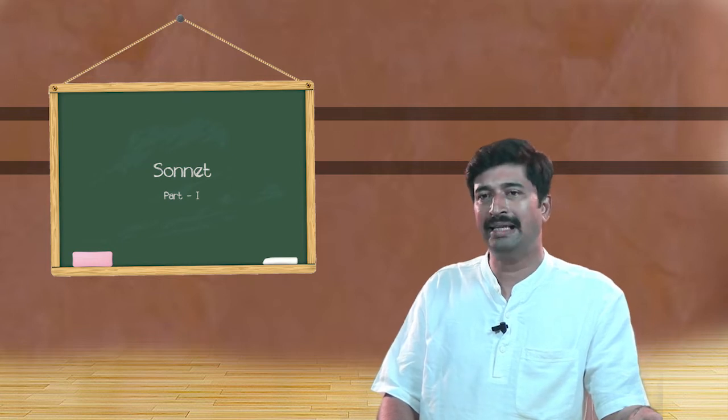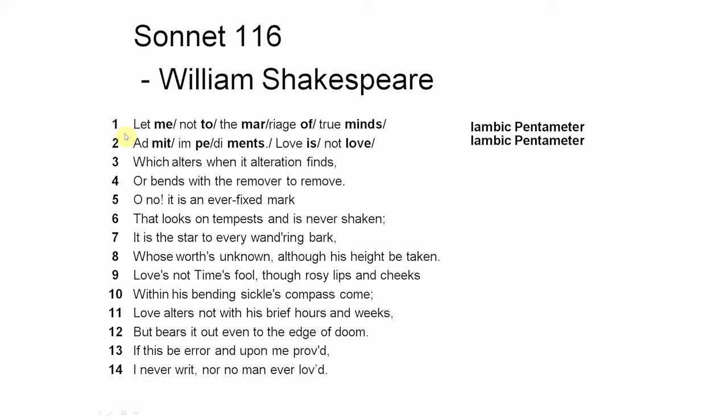If you look at the metricality of the lines, the first line, see the syllabification: unstressed, stressed, unstressed, stressed, unstressed, stressed. Five such meters can be found. Let me not to the marriage of true minds. Hence, it becomes iambic pentameter.